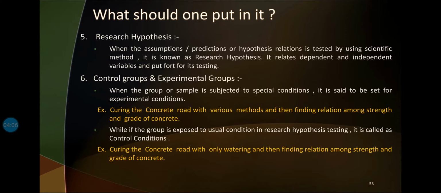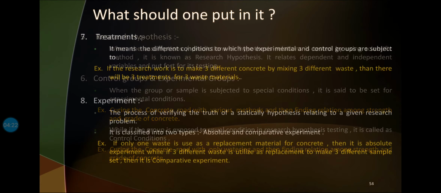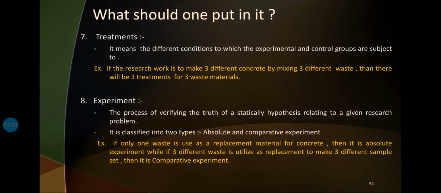Control groups and experimental groups. Experimental groups are the groups over which we perform the experiment with special conditions. Whereas control groups are the groups in which the testing is done but which are exposed to the common conditions. Treatment is the set of experiments that you will be performing, that you want to study on the particular set of samples.